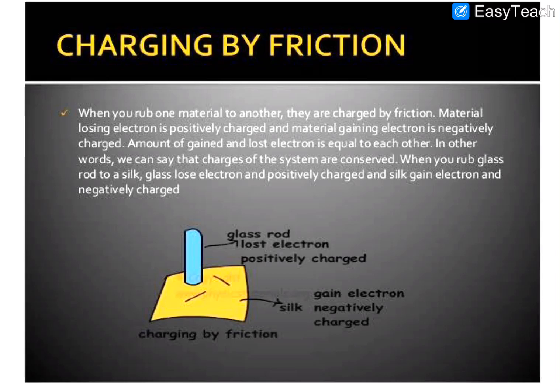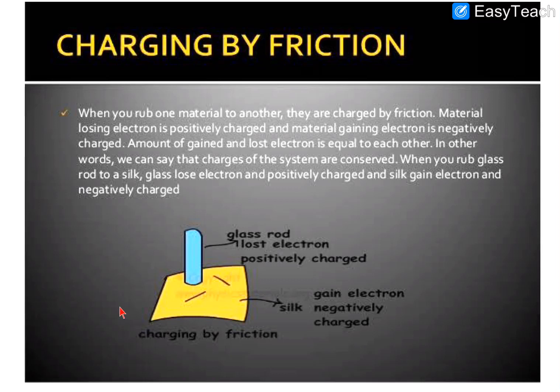Now both objects are neutral, because 5 positive charges and 5 negative charges, so the glass rod is neutral. In the silk cloth, 10 positive charges and 10 negative charges, so it is neutral. Now you are rubbing the glass rod with the silk cloth.